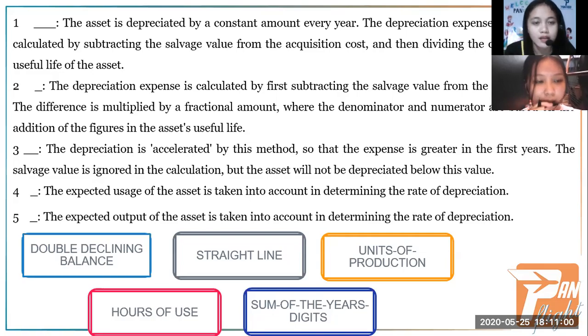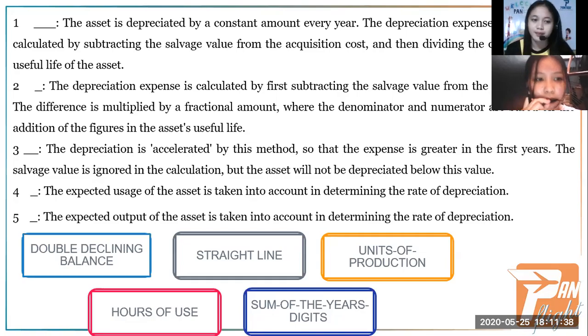And the second is sum of the year's digits. The depreciation expense is calculated by first subtracting the salvage value from the acquisition cost. The difference is multiplied by a fractional amount where the denominator and numerator are based on the addition of the figures in the asset's useful life.